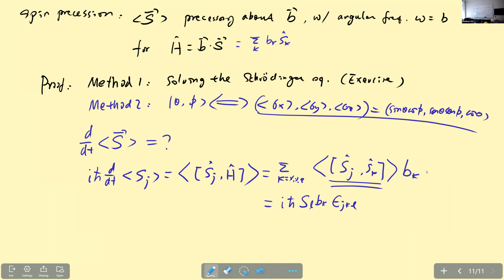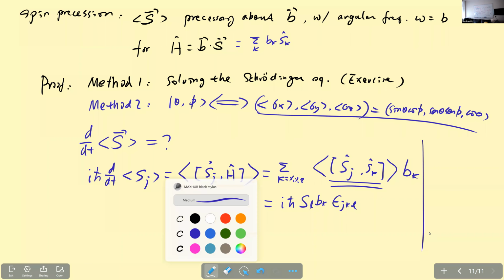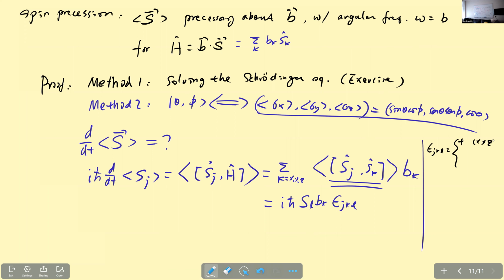Let me give you this epsilon jkl: it equals 1 for x, y, z, minus 1 for y, x, z, else just 0. Okay. And also of course for the cyclical.